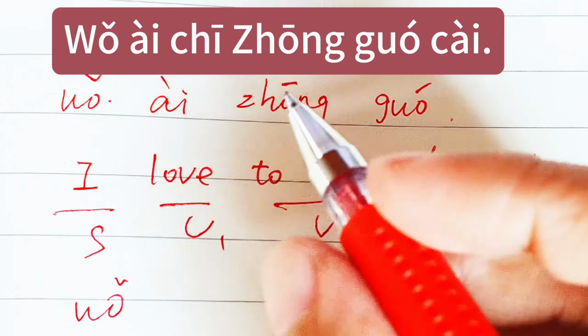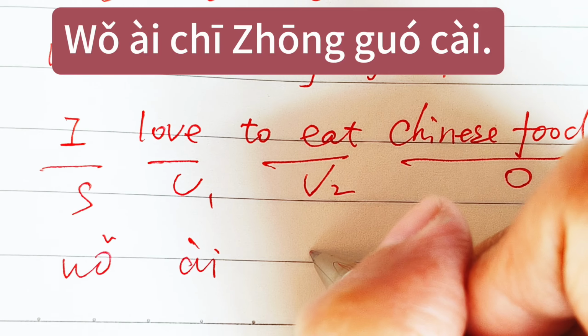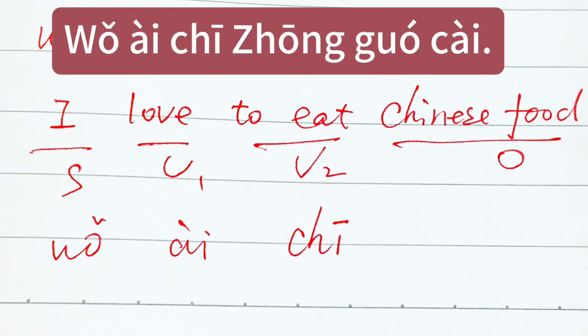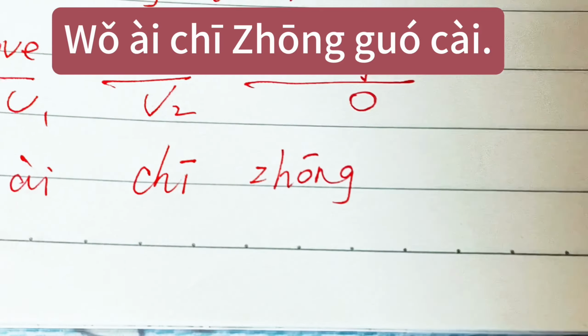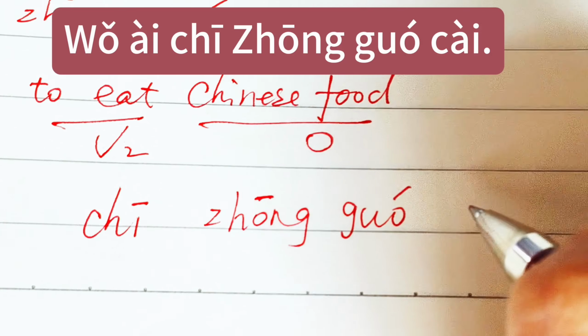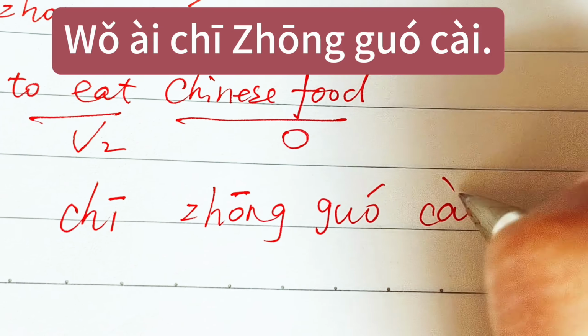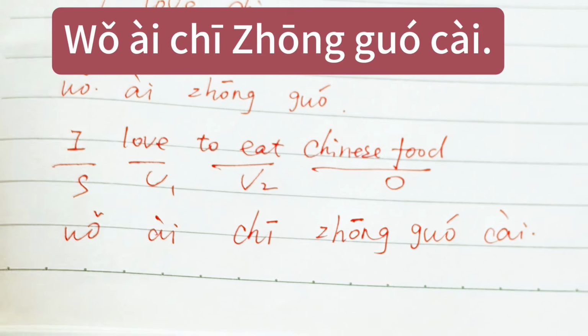So 我 love, 爱, yeah, then 吃, eat, Chinese food, 中国菜, right? 菜, dish. 我爱吃中国菜.